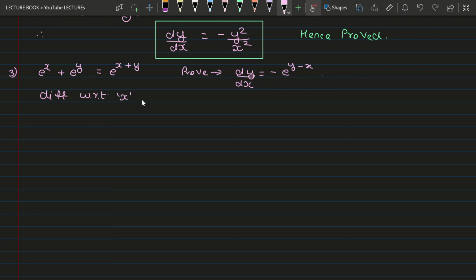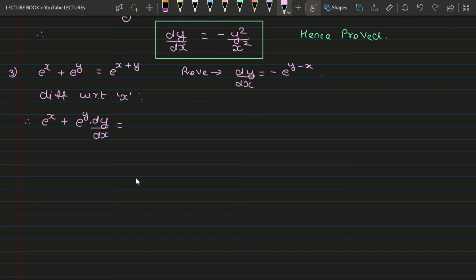differentiate with respect to x. So I will get derivative of e raised to x as e raised to x. E raised to y is assumed to be e raised to fx as we did in the previous sums. So I will get e raised to y multiplied by derivative of y, and again e raised to x plus y is also taken as e raised to fx.